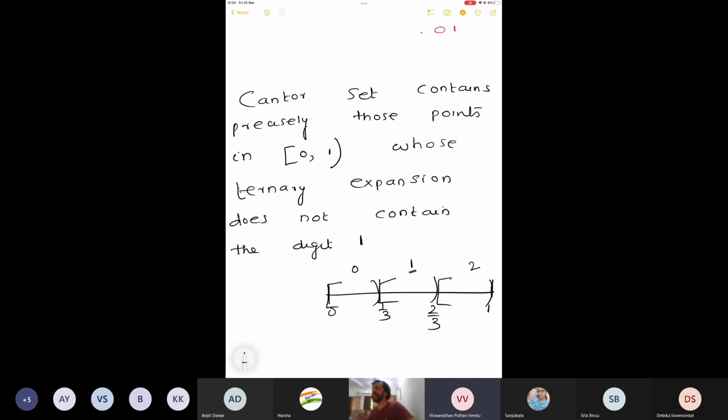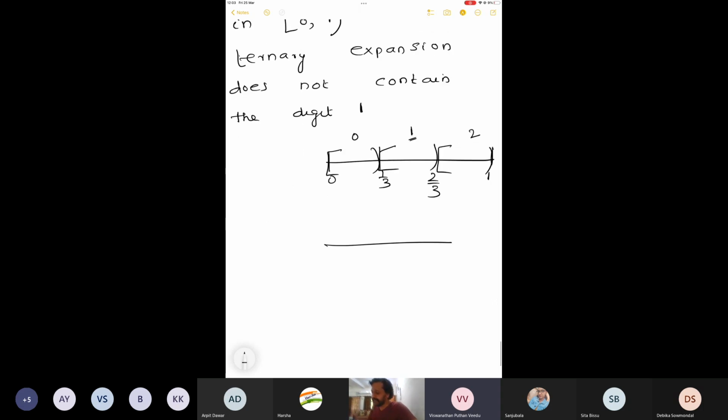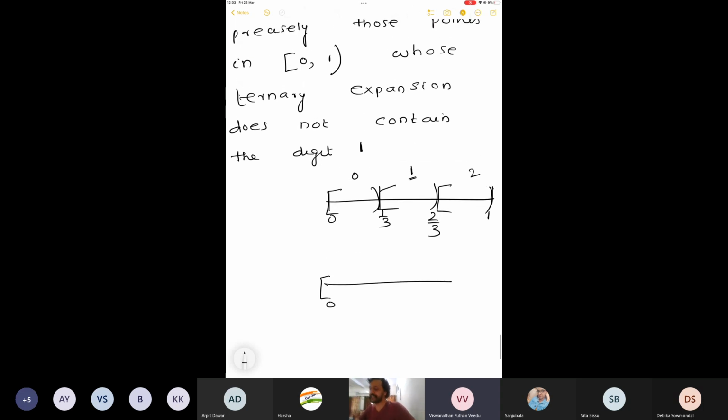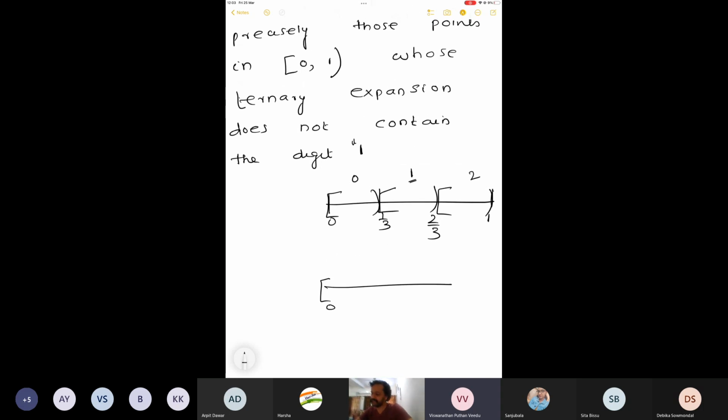To get the second digit, you take [0, 1/3] and divide into 3, or [2/3, 1] and divide into 3. Again, the middle third you are removing carries the label 1. So no digit in the ternary expansion will contain the digit 1. This gives you an idea of what points are contained in the Cantor set.